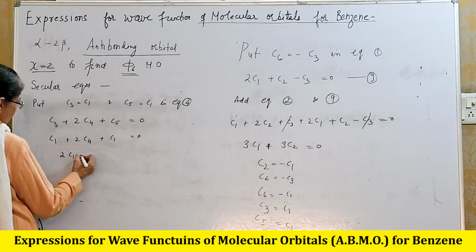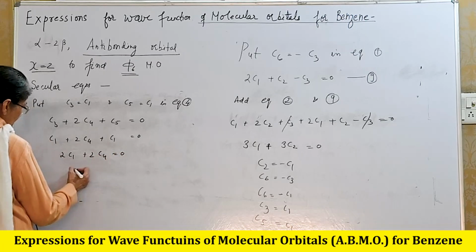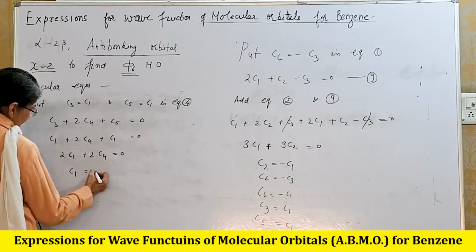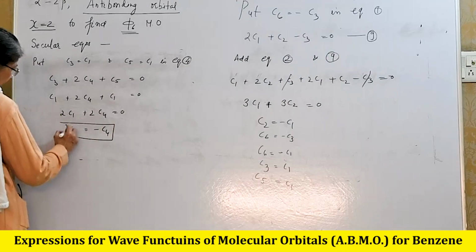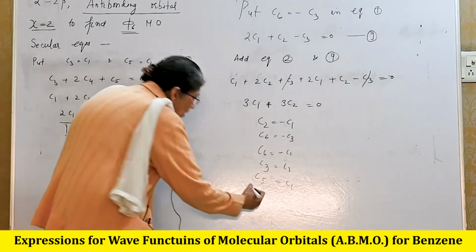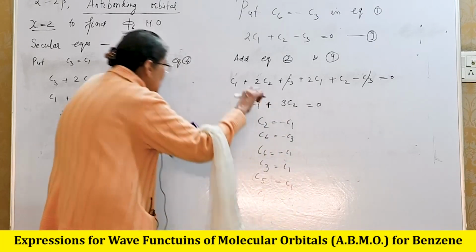Then 2C1 plus 2C4 is equal to 0. Therefore C1 is equal to minus C4. Here we got C4 is equal to minus C1.